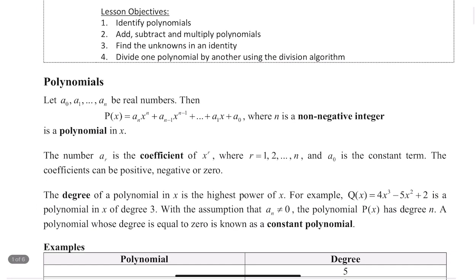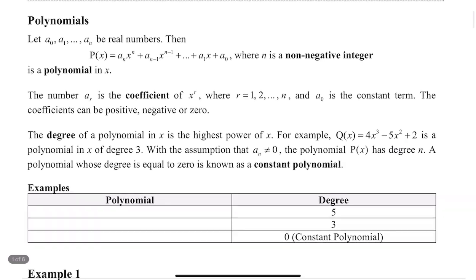Okay, so let's start. We're going to learn a new definition today, called polynomials. So, what exactly is a polynomial? You can read this over here. It might be a bit complicated to understand what this actually means. But very simply, a polynomial is a combination of terms with x whereby your power of x is a non-negative integer.